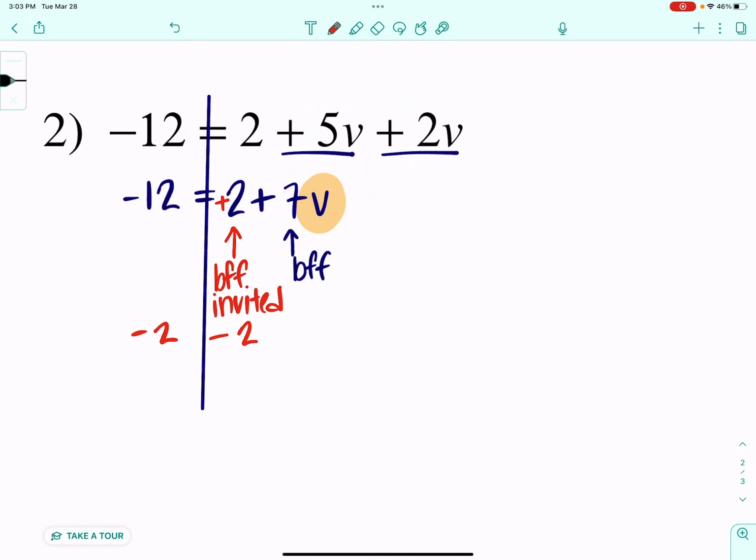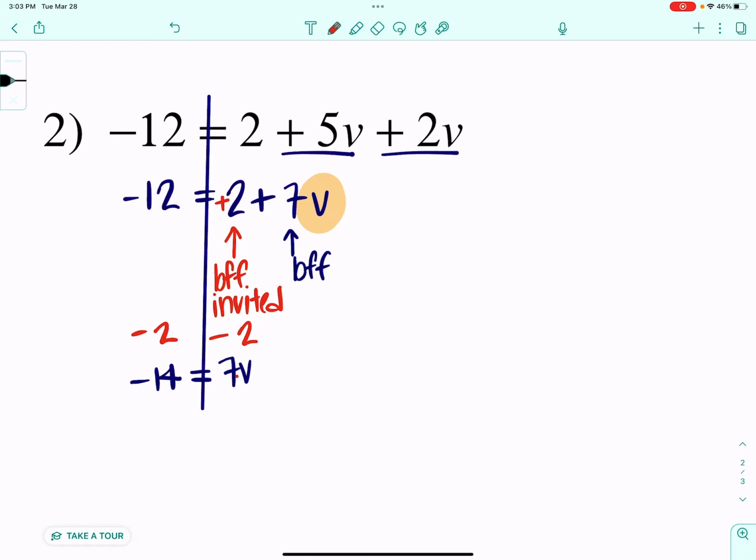That is going to cancel out my 2's on the right. I'm going to be left with just 7v on the right. Negative 12 minus 2 is a negative 14 on the left. Now it's just you and your BFF.